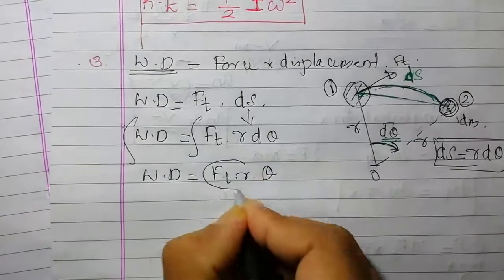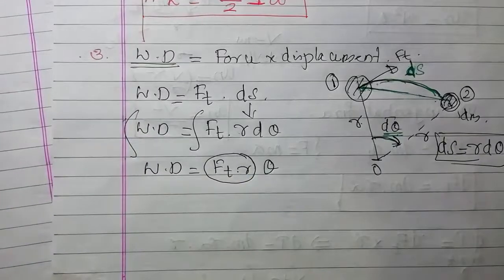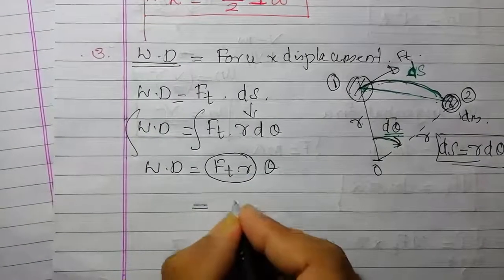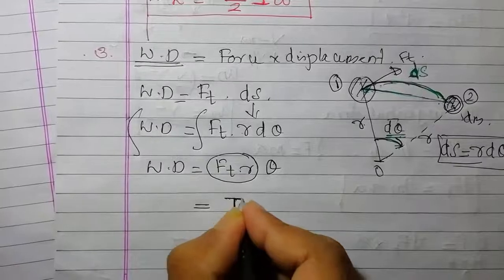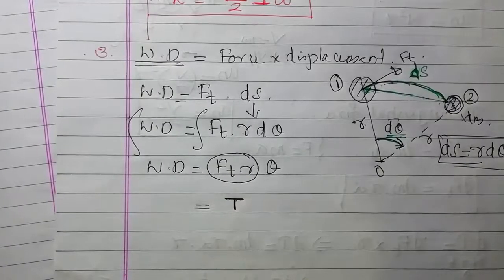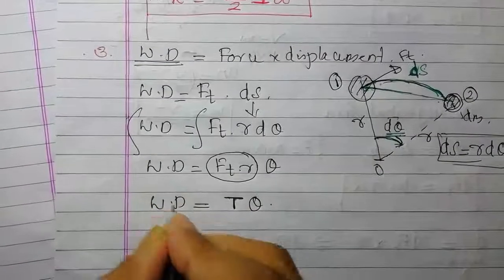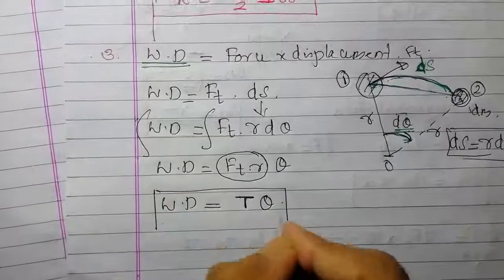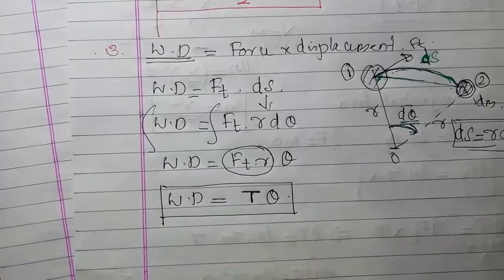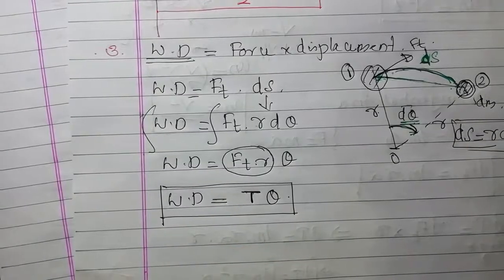Now what is this term? Force into perpendicular distance is nothing but our moment. It is denoted as T, torque. So T into theta, you will get the final expression for work done as T into theta. Work done is equal to T into theta.